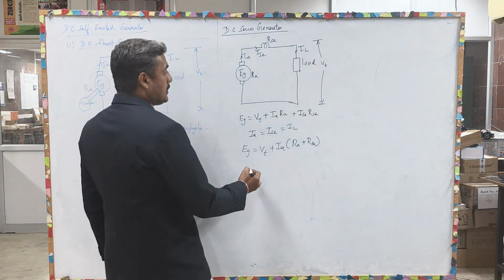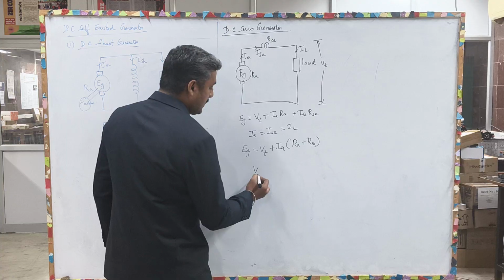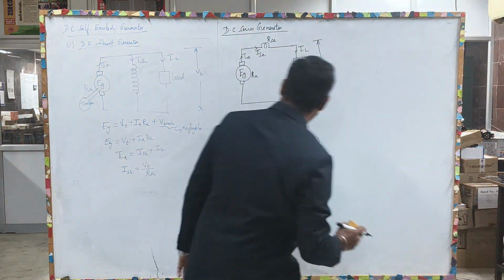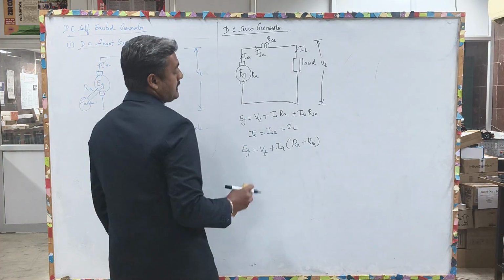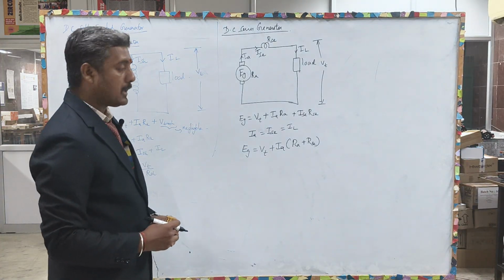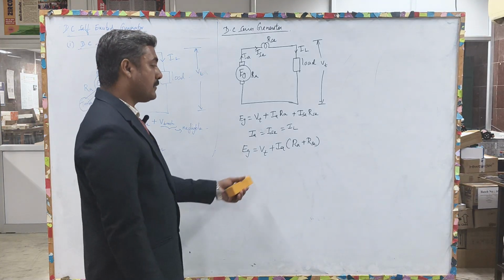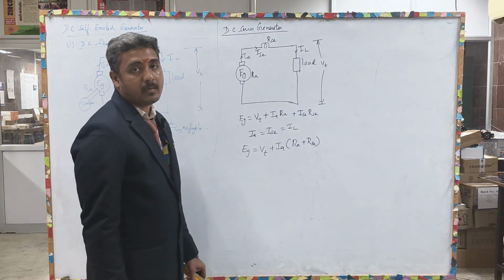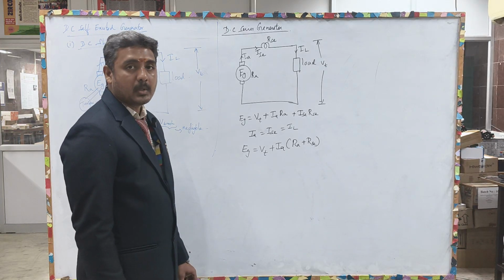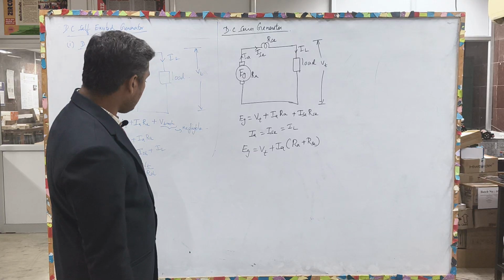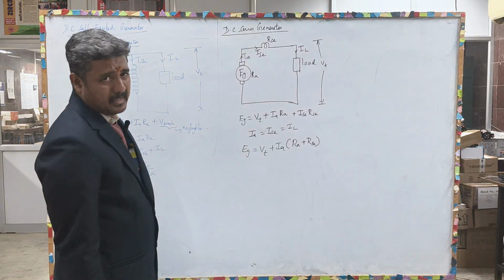Okay, you can include the brush drop also, if they are given in the problem. Okay. Now this is what about the DC series generator.